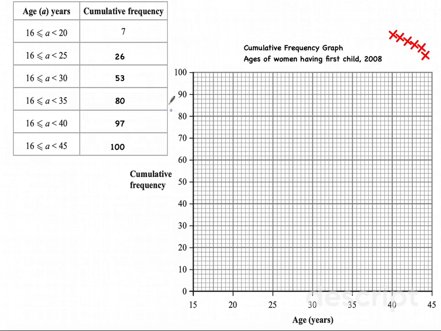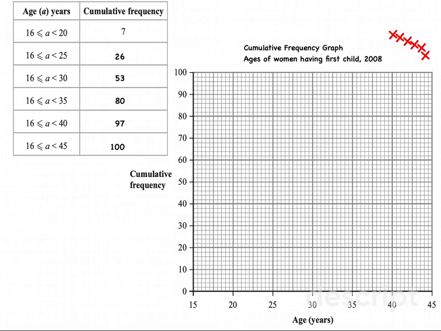So an important question is, where am I going to plot this 7? I'm going to plot 7 at the end of my group. That's because when I reach the age of 20, 7 women have had their first child. When I reach the age of 25, 26 women have had their first child.